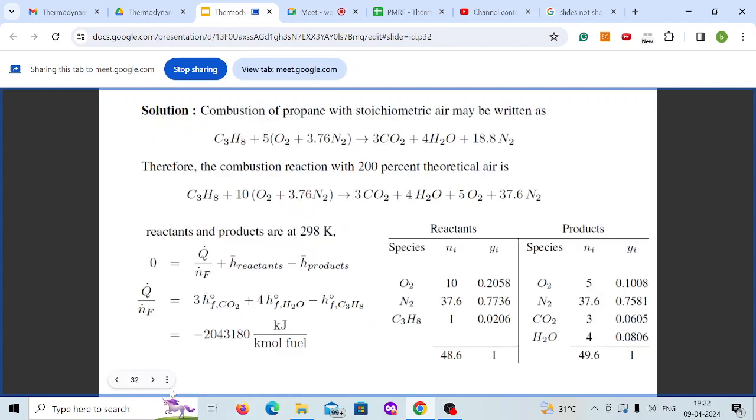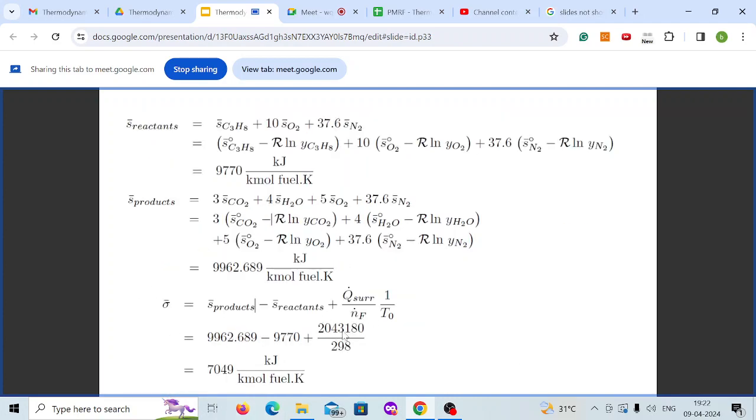You know the heat which is supplied, 2043.180, divided by 298, and the reactant 9770, and 9962.689. Substituting that, we get the entropy generated as 7049 kilojoule per kilomole Kelvin. This is the amount of entropy which is getting generated.